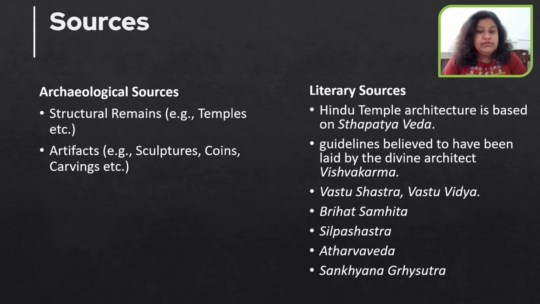Some of the literary sources I will be discussing are the Shilpa Shastra, the Vastu Shastra, the Artha Shastra, and the Samarangana Sutradhara. These are all texts dating from the 3rd century BCE to the 7th century CE. They give us a valid as well as a large idea about how to build temples and images of gods and goddesses.